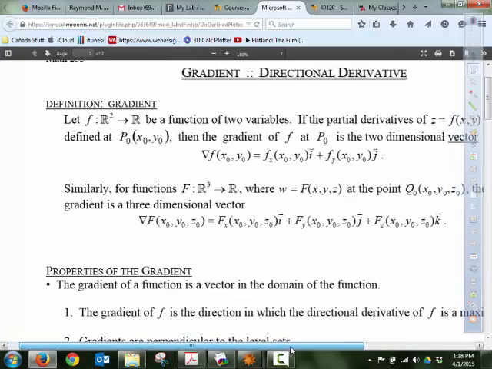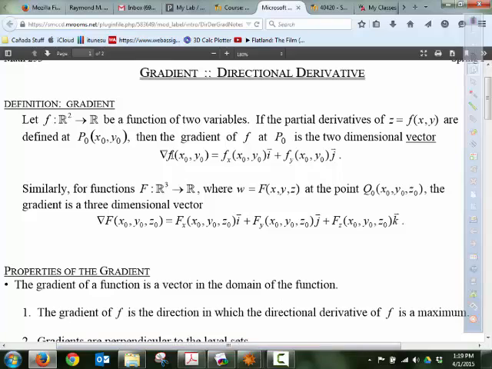Your domain is a two-dimensional domain, R2, and therefore your gradient is two-dimensional. So that's one important aspect of the gradient. The gradient is as many dimensions as your input. Not your input and output, but your input only.